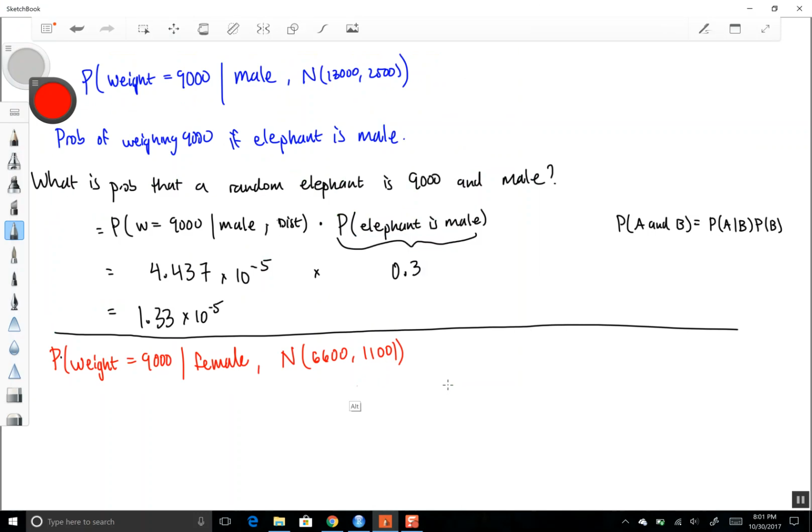Yeah. 66 and 11. Okay. So we do the same thing, right? And then we multiply this times the probability that the elephant is female. So this part will be dnorm 9,000, 6,600, 1,100 times the probability that the elephant is female, times 0.7. Is that okay?